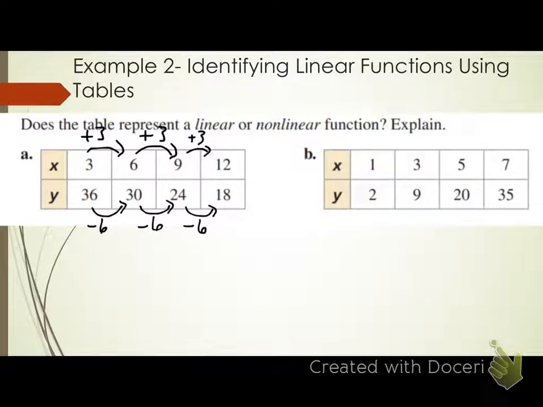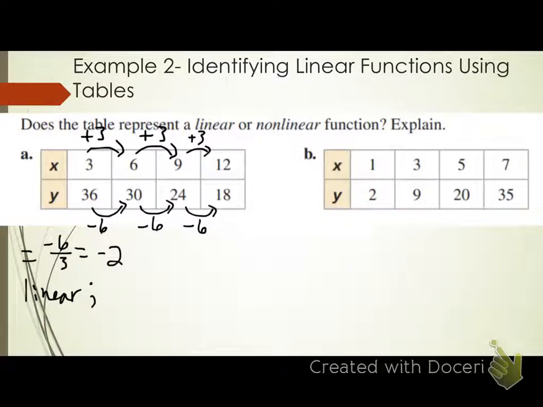So my rate of change here is constantly negative 6 over 3, which is negative 2. Right? So I've got a constant rate of change here, so would we say it's linear or nonlinear? Linear. Do you think I can use the explanation because it's a line? No, because I'm not looking at the graph, am I?